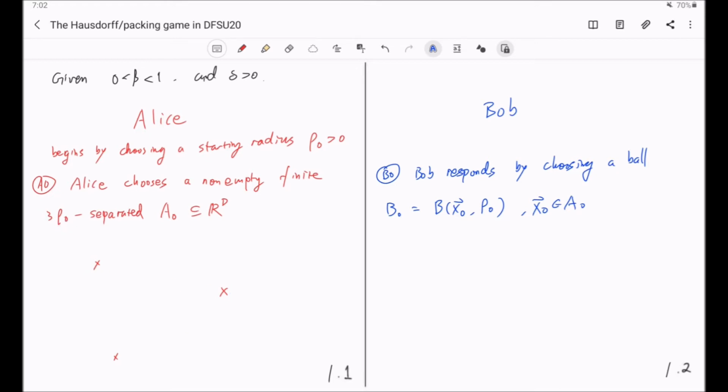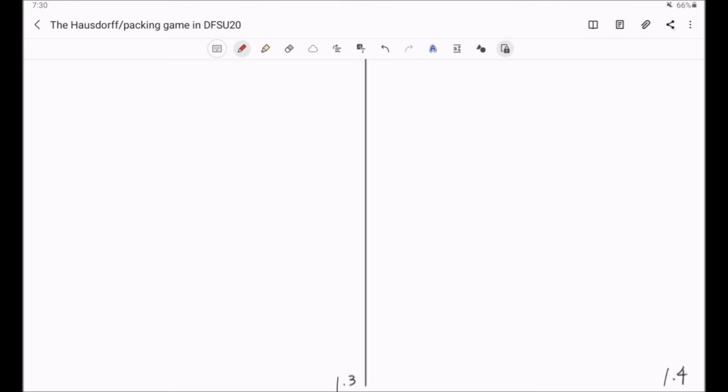They are 3 rho naught separated, which means the distance between them is at least 3 rho naught. We can think of them as balls of radius rho naught for Bob to choose from. So Bob will choose one of them. That is the 0th turn.